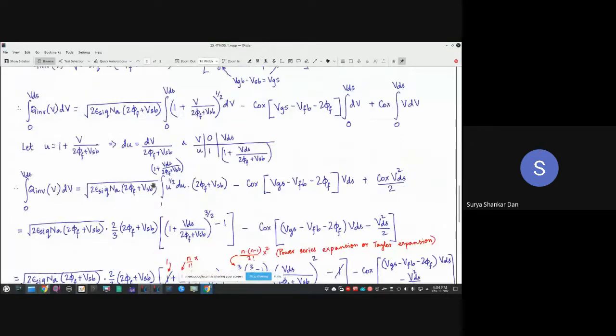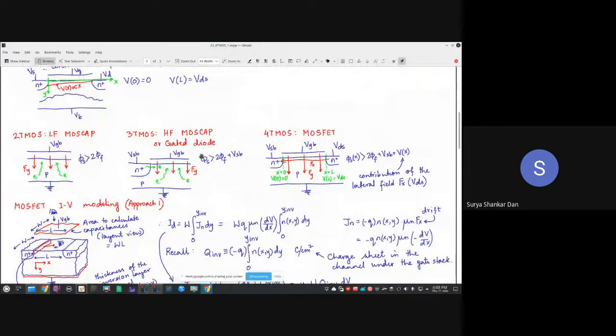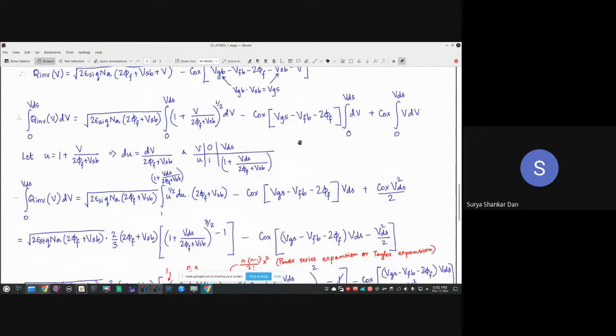Okay, this is our previous lecture today in the morning. So this was approach one. In the first approach, we directly tried to integrate the Q inversion expression. So this was what we integrated straight away.